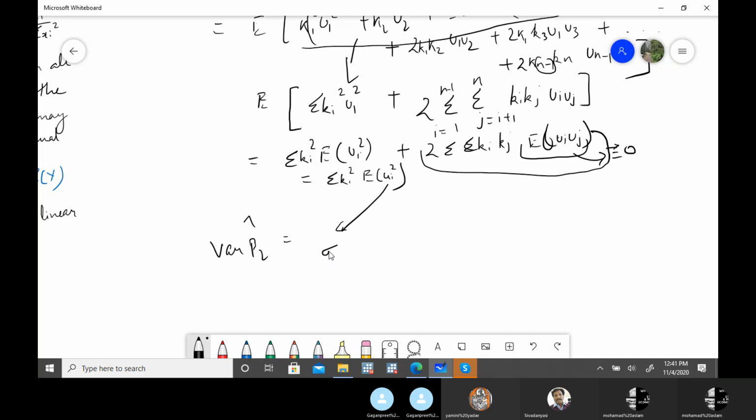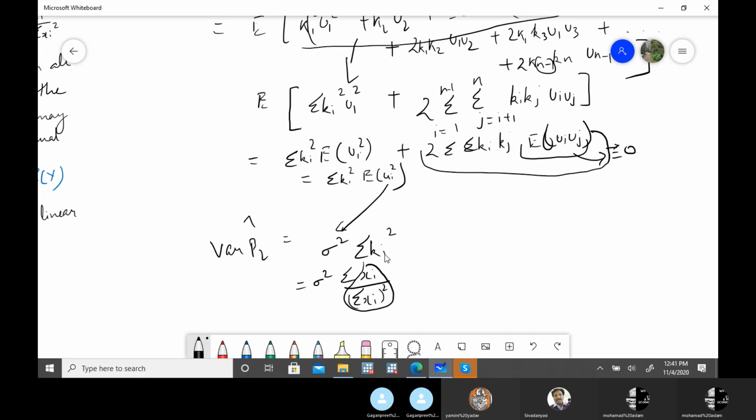This term is sigma square, by assumption a constant term, and this term is ki square. Put the value of this ki, that is xi over summation xi square. This is the value of ki, right?